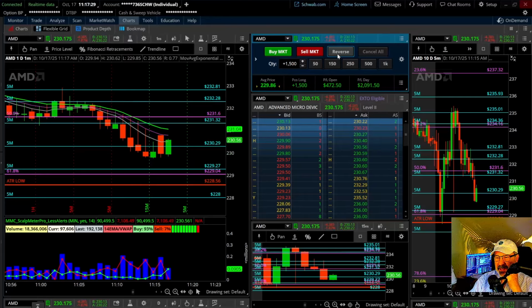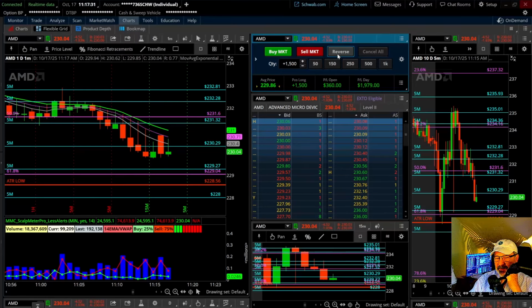Man, it's just like stop dead. You can see there's a lot of volume right here, but it's just not moving from that area. Right around the 230 even and a few cents up above it.